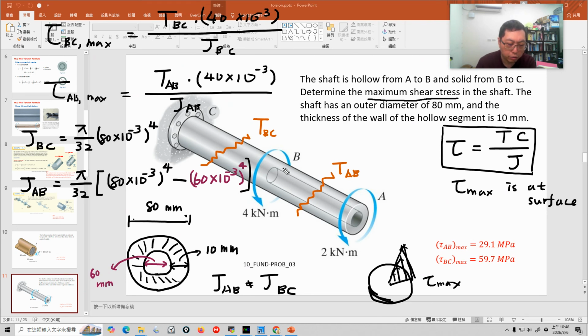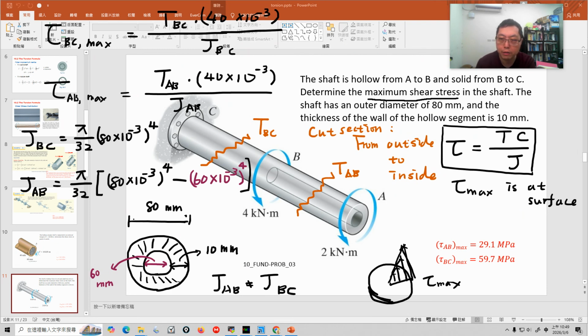So when we use the cut section method, we just follow from outside to inside.